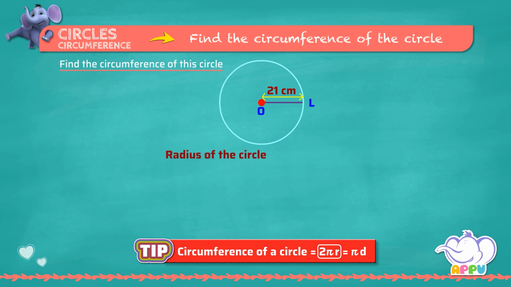Radius of the circle equals OL equals 21 centimeters. So the circumference of the circle equals 2 times 22 by 7 times 21. 7 cancels 7. 7 divides 21 thrice.